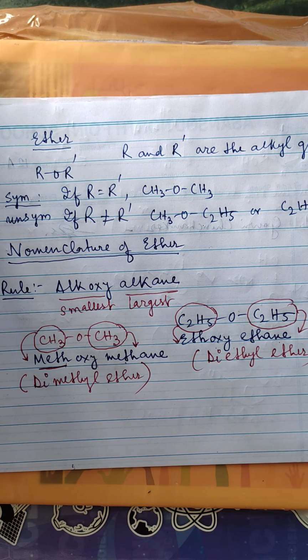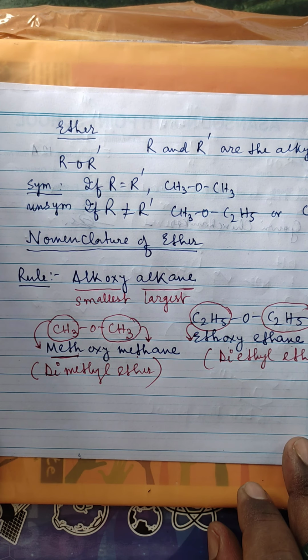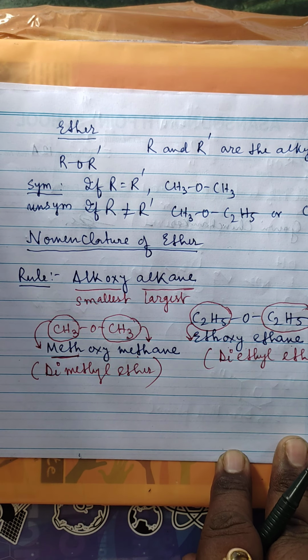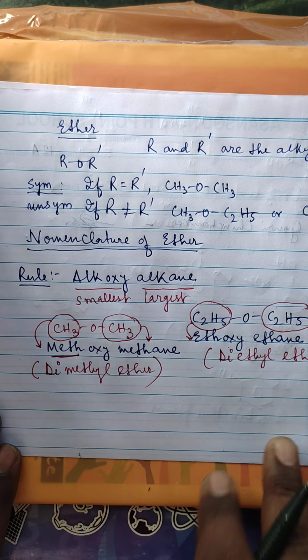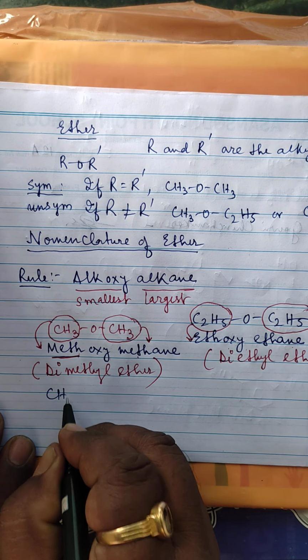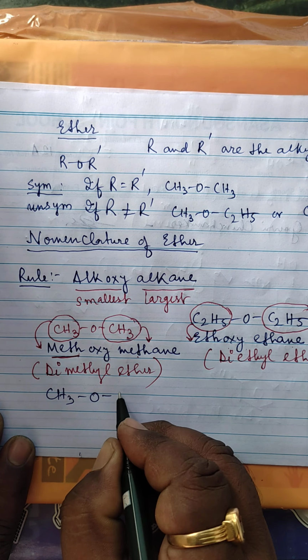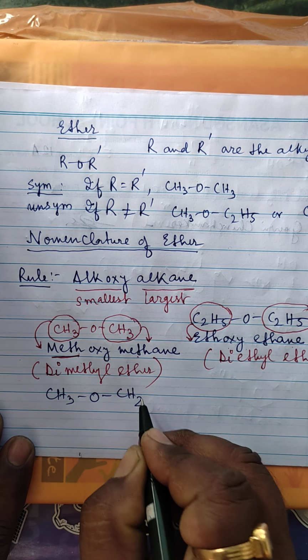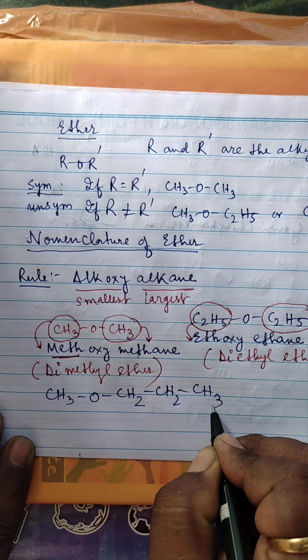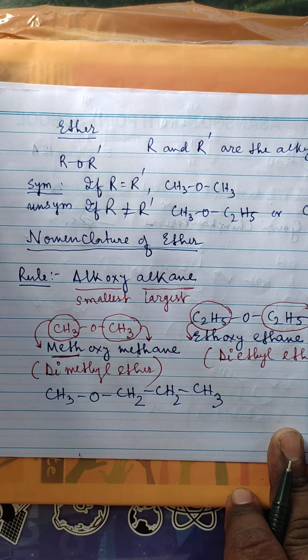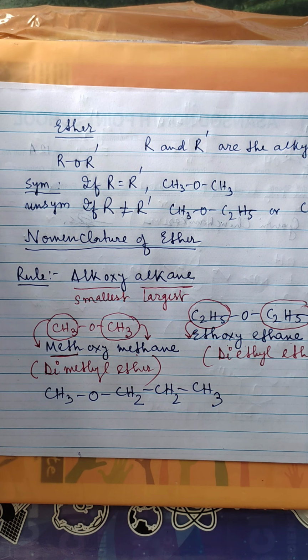Now suppose we have the next set of ethers, that is unsymmetrical ether. Suppose I have this ether, CH3OCH2CH2CH3. What is the IUPAC name of this ether?